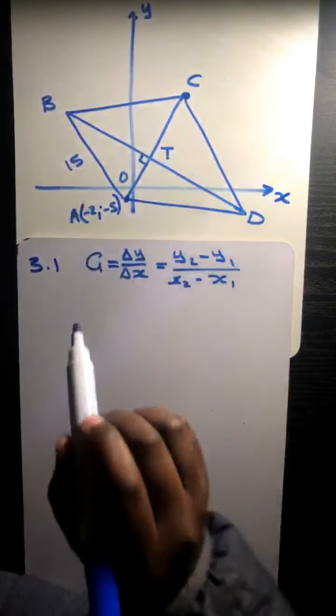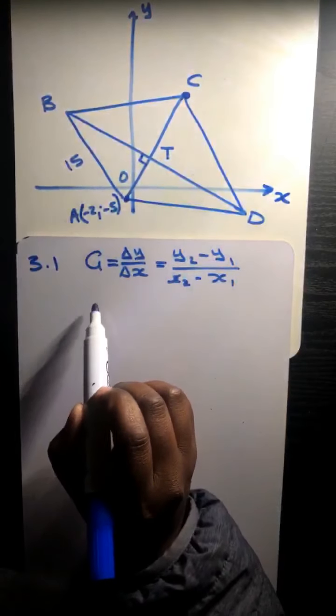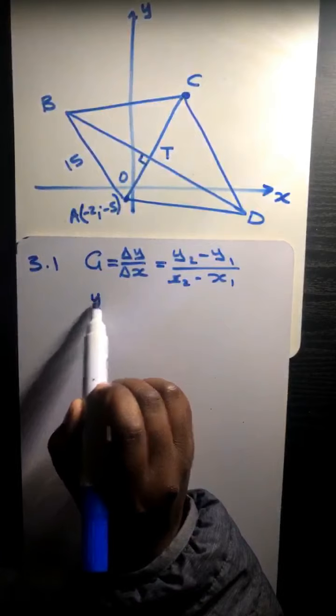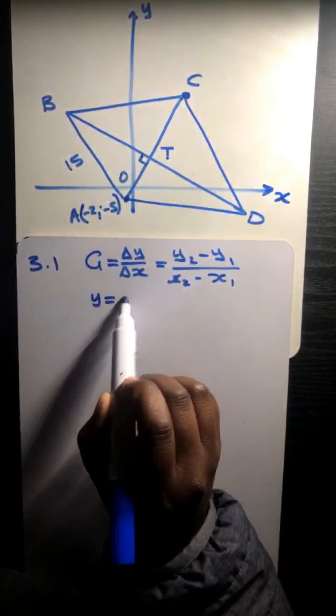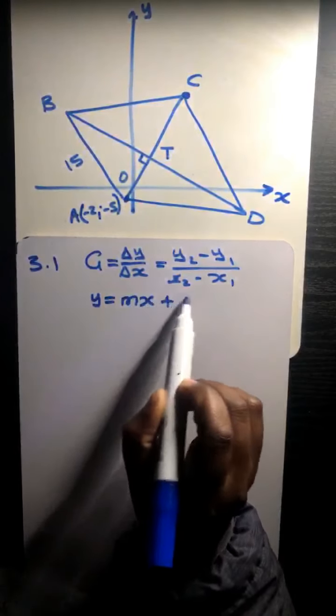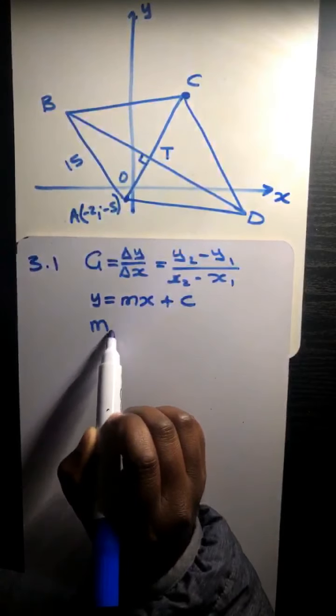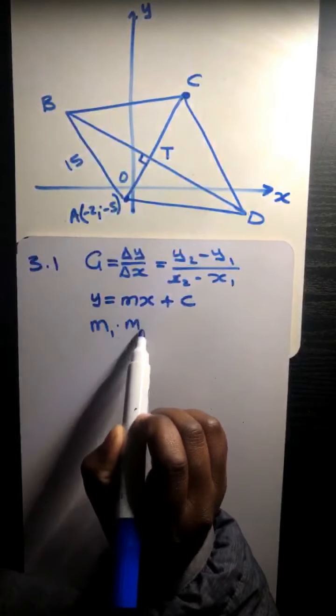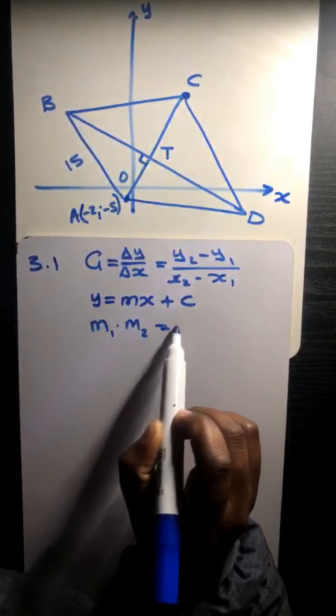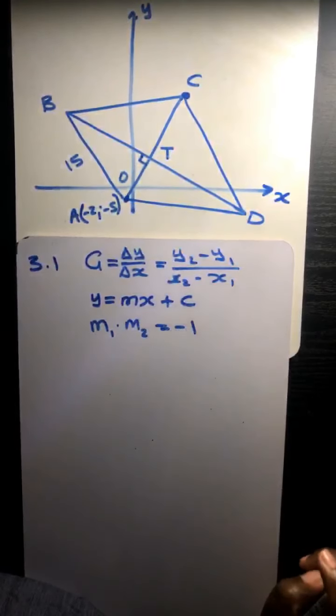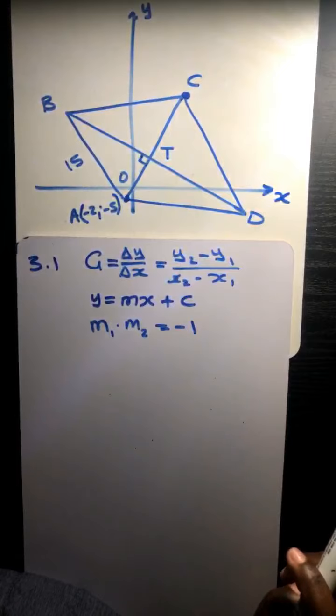And again, you still remember very well that you can find a gradient from this formula of a straight line. And we have the gradient of line 1 multiplied by the gradient of line 2. This should give you -1. So I'm just trying to pull out all the possible tools that we might need to answer this question.